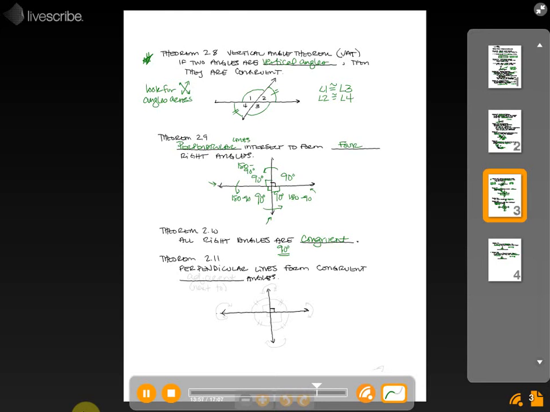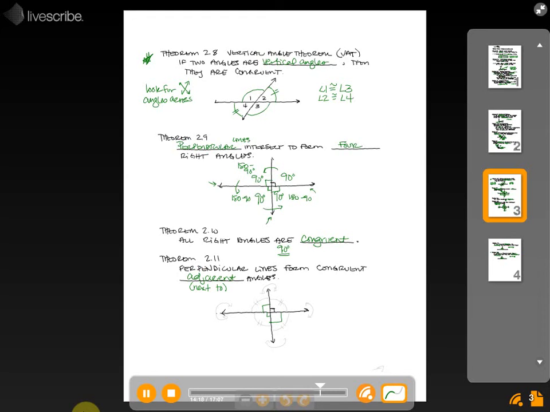Theorem 2.11 says perpendicular lines form congruent adjacent angles. Now remember, adjacent means next to each other. So these angles next to each other are congruent. And we've already talked about in Theorem 2.9 that when they're perpendicular like that, all 4 of these are right angles.